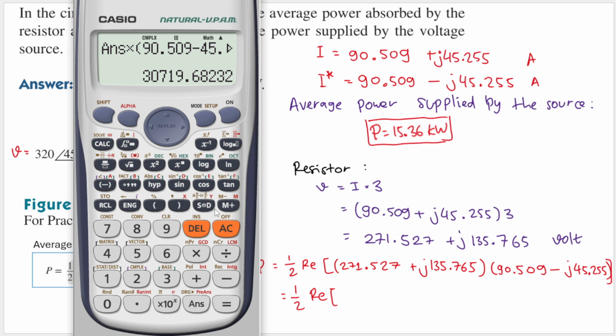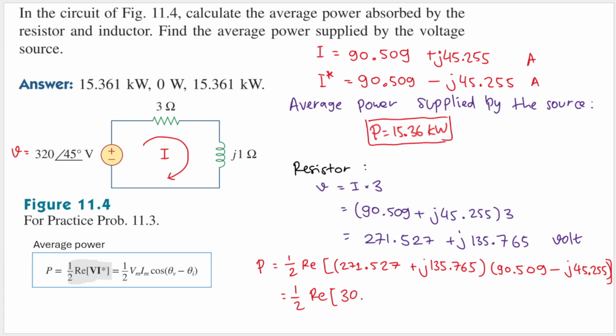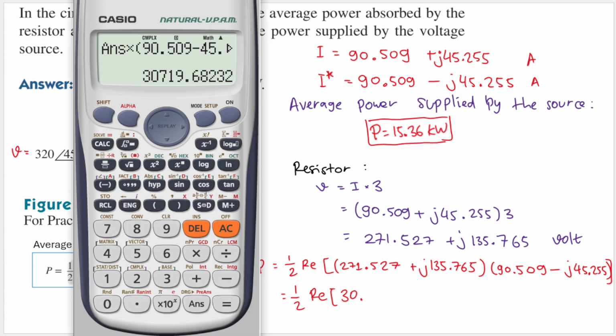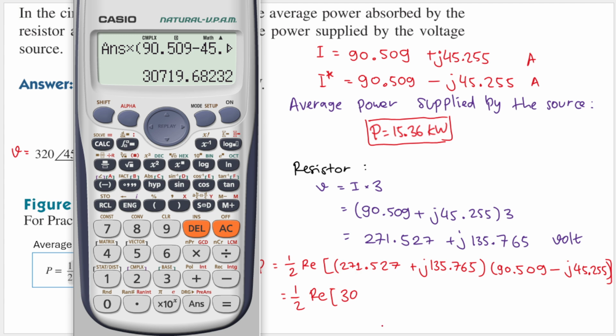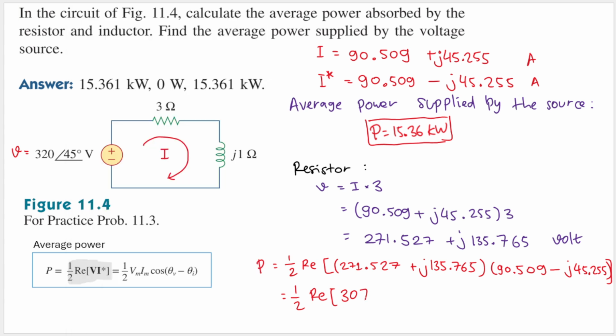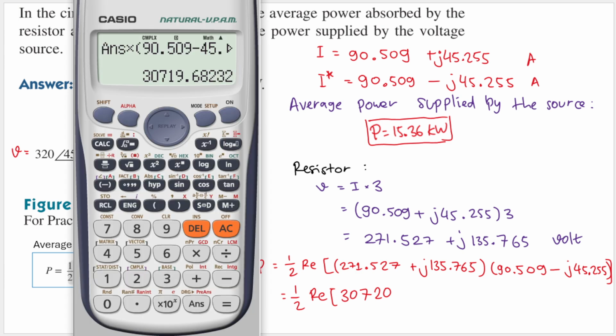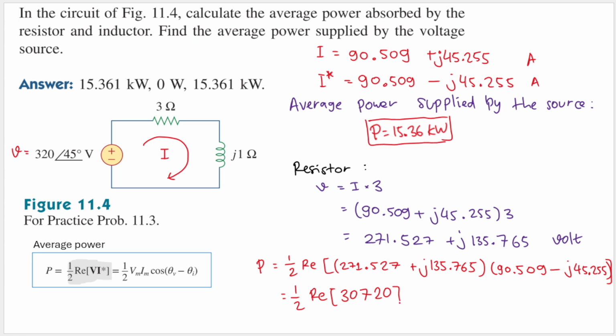So we will have 30,720. Okay, and we don't have the complex part, so we will have 1/2 multiplied by 30,720. So what is the power?